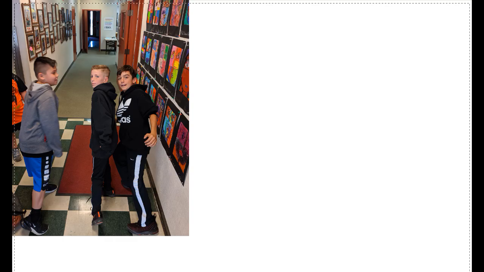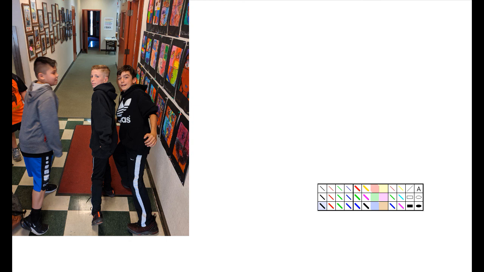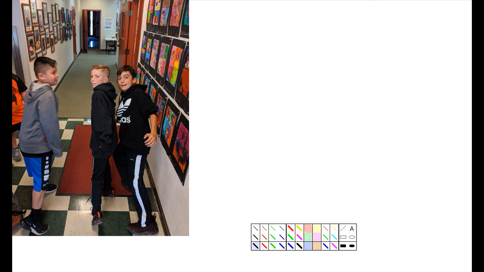So, here we have three gentlemen. We have Mr. Gonzalez, Mr. Kep, and Mr. Long. And they are being chased by a mad chicken nugget. I know that's hard to believe, but it's true. And there's a picture to prove it right there. They're being chased by a mad chicken nugget.